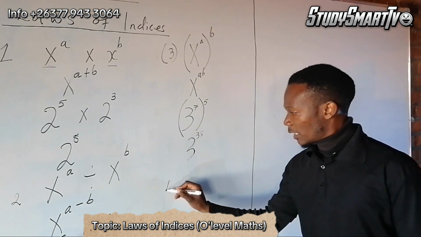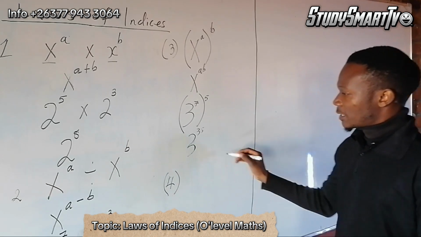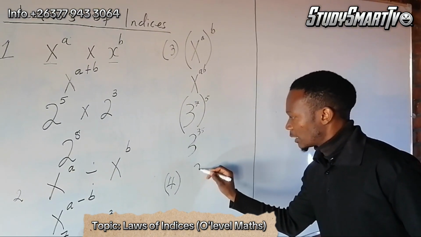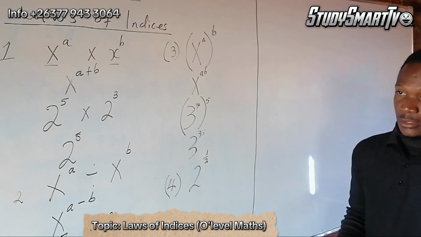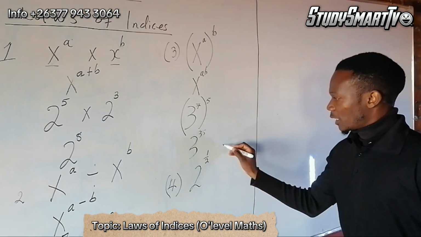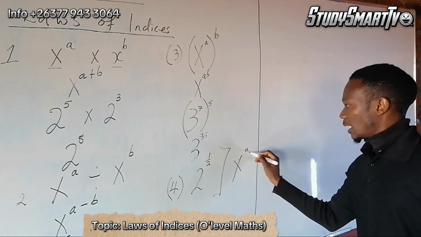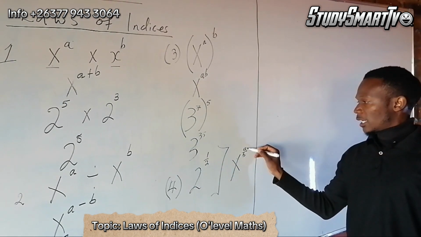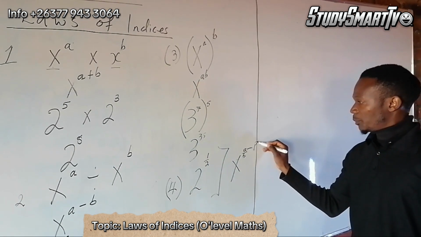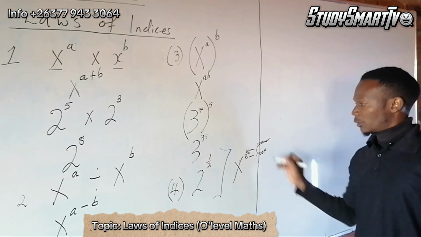Right? On another law, number 4, we have a term, for example, 2 to the power a half. But this law is derived from this law, x to the power a over b, where this number on top stands for the power and this number stands for the root.